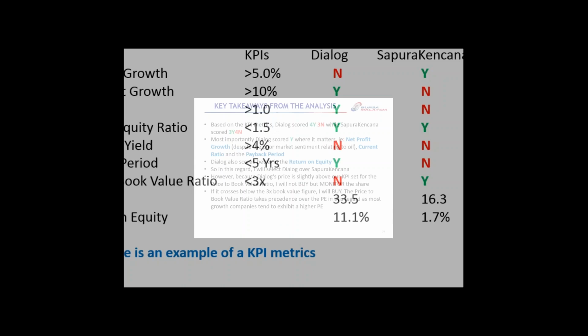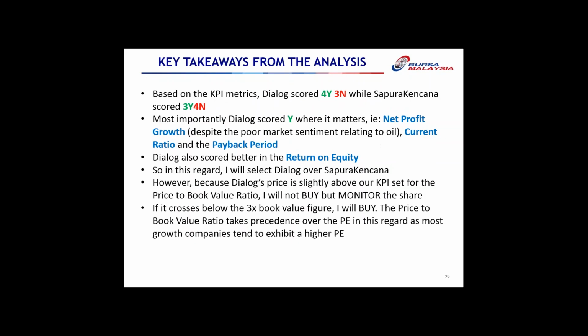It could be 20 something when it moves into that area. So likewise, that's why I say that if the share moves below that price to book value ratio, that will also correspondingly result in a PE that would likewise lower itself.